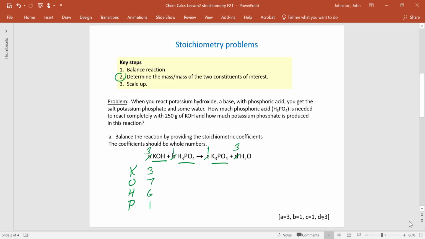And on this side, we have 3 Ks, 4 plus 3 is 7 oxygens, 6 hydrogens, and again, 1 phosphorus. So this reaction is balanced, and we can go from here.